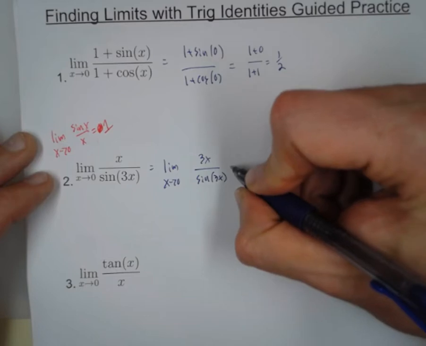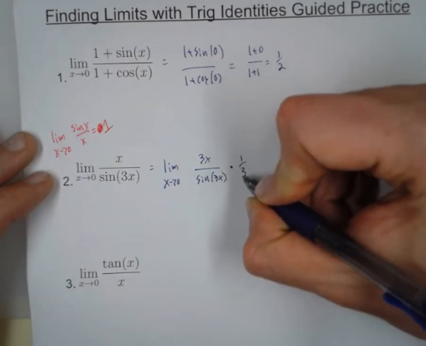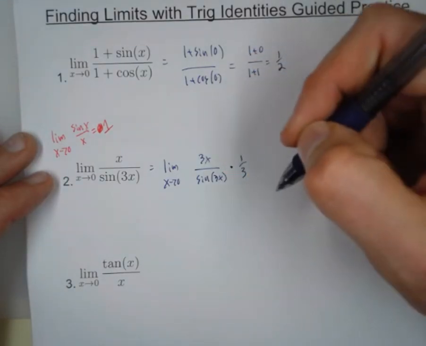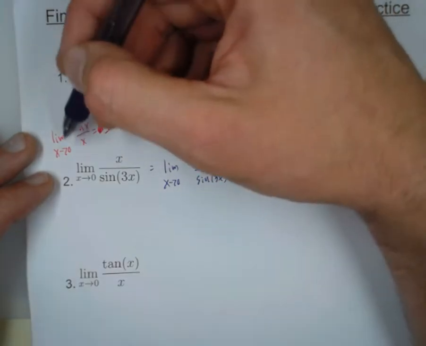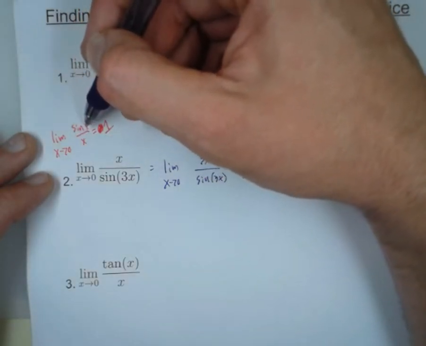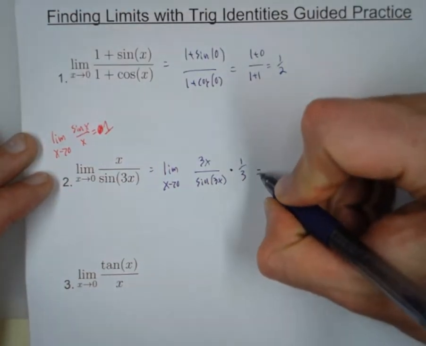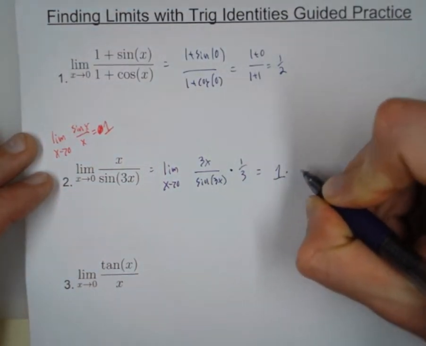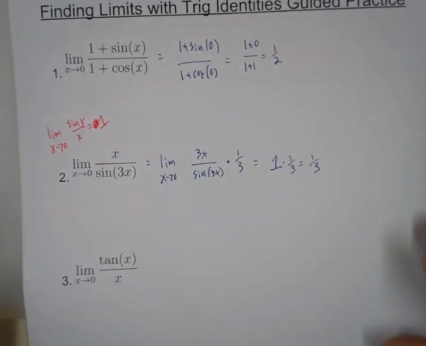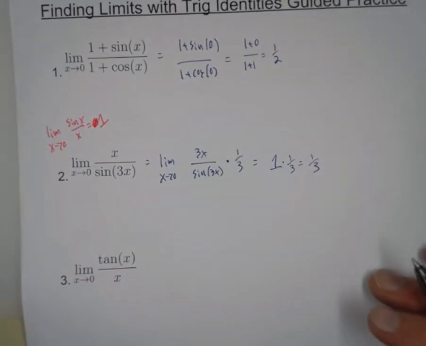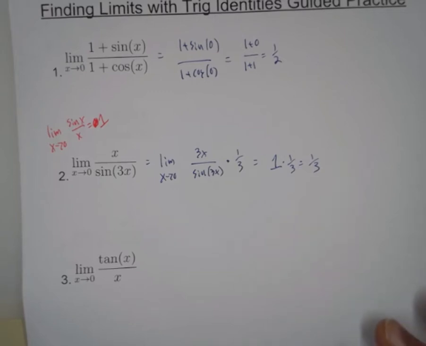So that means I'm going to multiply by 1/3, so that balances out the 3 that I introduced. But now, I know that this limit is basically this same limit, just upside down. It's the reciprocal. Well, the reciprocal of 1 is still 1. So 1 times 1/3 is 1/3. So that is what our limit here equals.